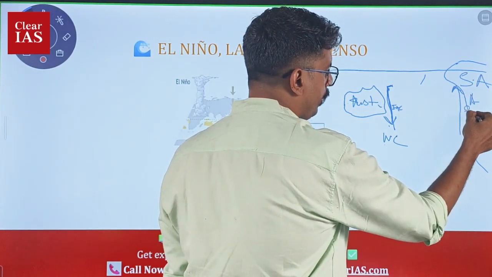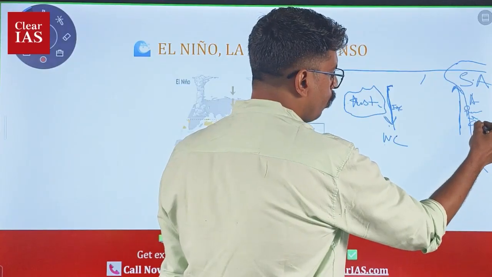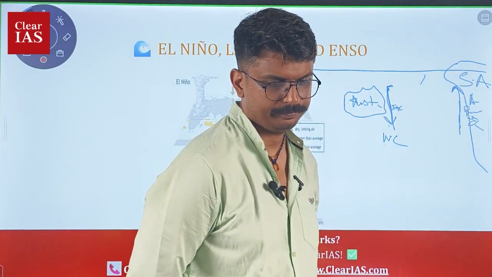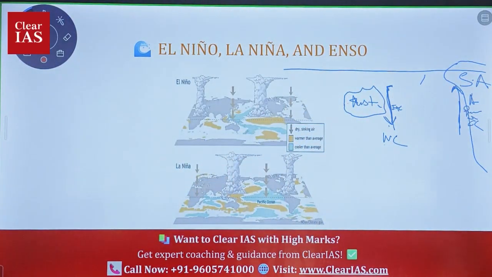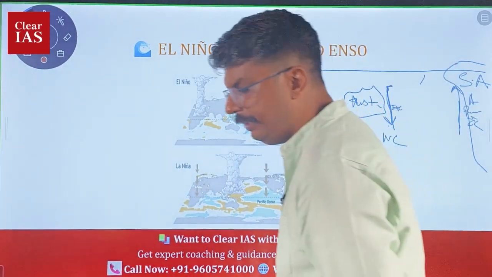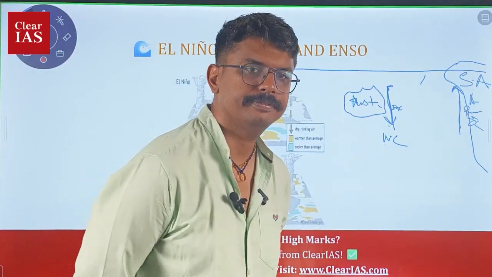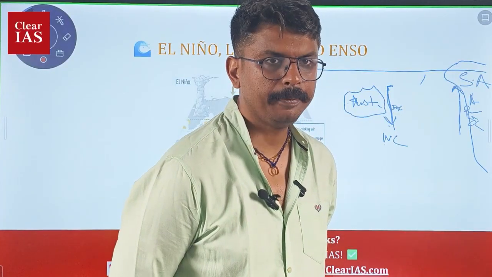We call it the Peru current or the Chile current, and that is a cold current. I'm expecting too much from you because we are not going into detail right now. Try to get the concepts and then it would be easy to add to it.